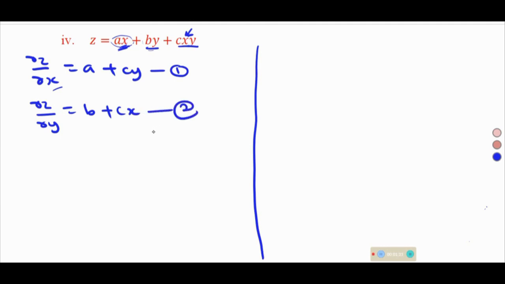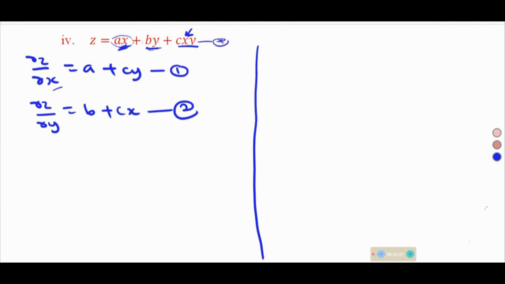So, dear colleagues, when you look at equations 1 and 2, you realize it might not be easy to remove the constants a, b, and c. Now, what do we do? In our given equation here we have ax, here we have by. So if I want to eliminate these constants, I look at how best I can relate these equations with my given equation.